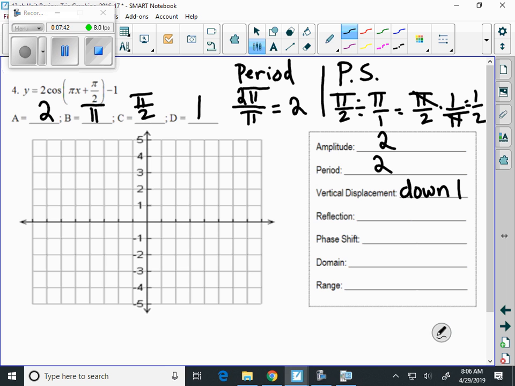And in fact, this one is plus, so plus means that we're going to go left 1/2.